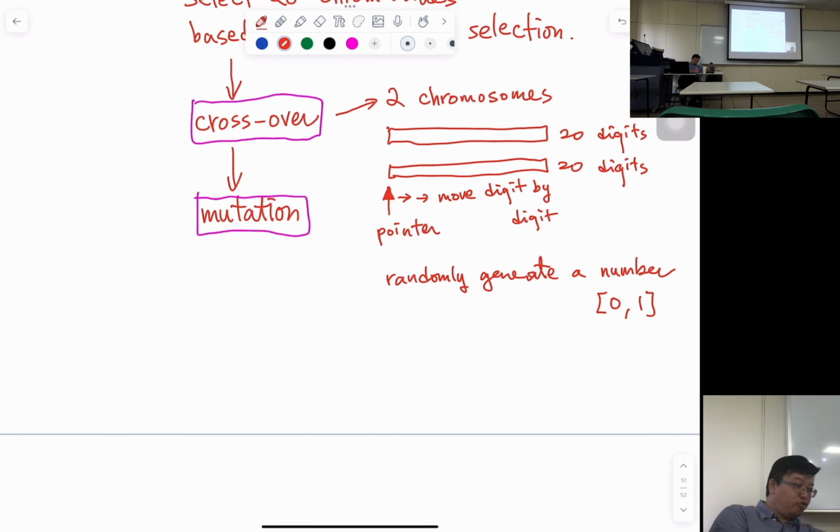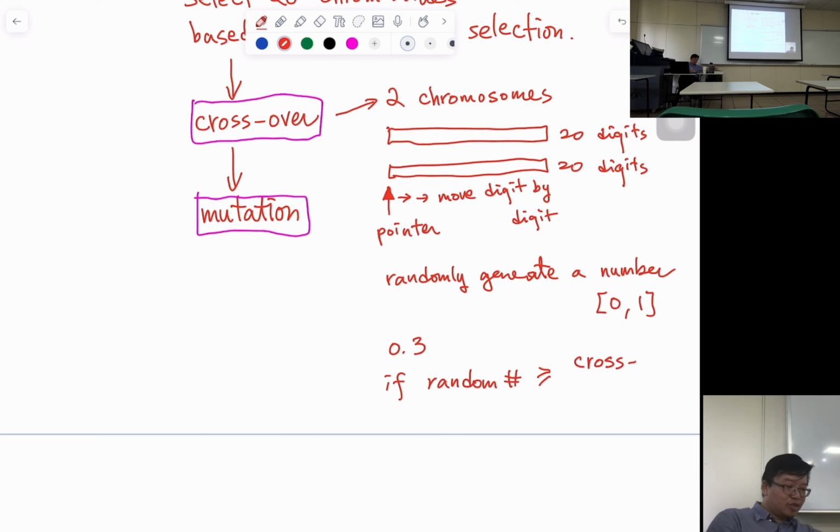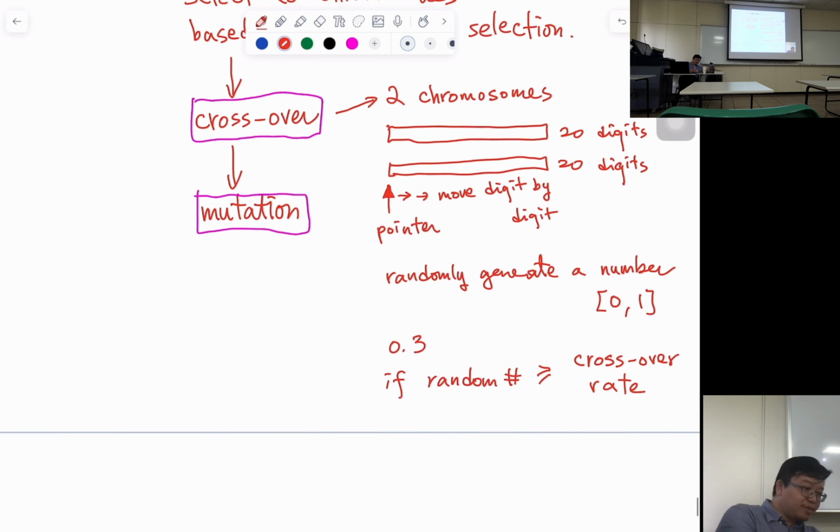So let's say you generate a value, say 0.3. Okay? So if the random number is, for example, smaller than some so-called crossover rate.